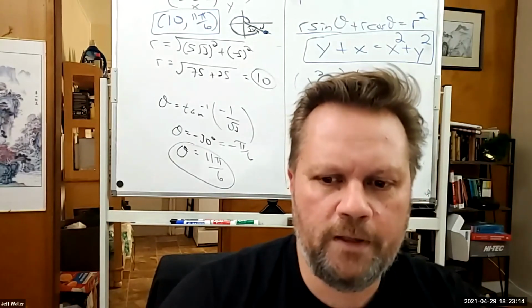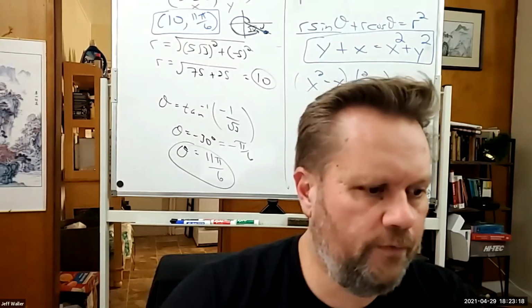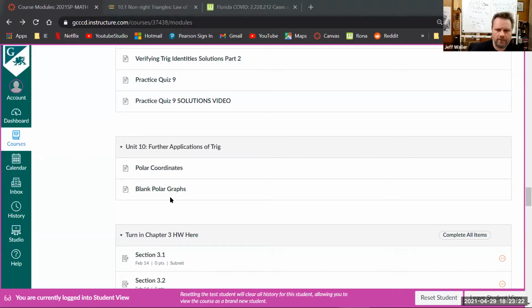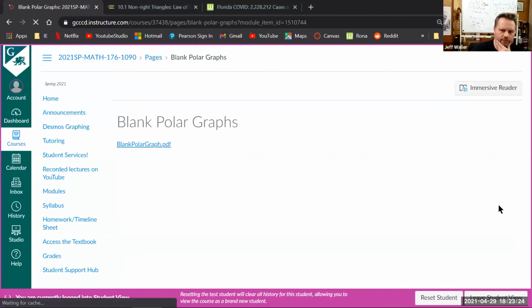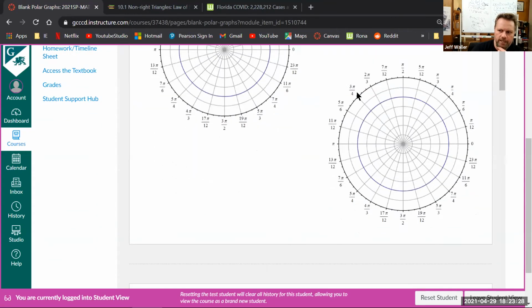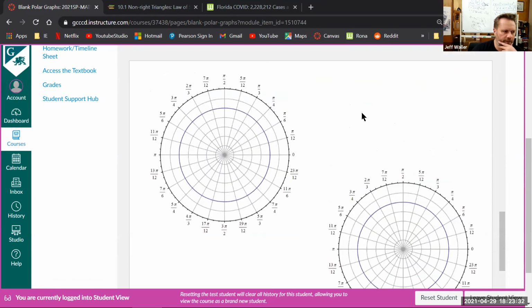I really think this is one of the better polar graph options that I found. You can Google image search polar graph and print them out, but what I did on Canvas to help you with your homework is you can print out as many of these as you want. If you find one you like better, great, but I love this one because it has a lot of detail.